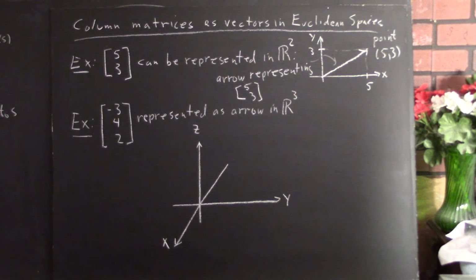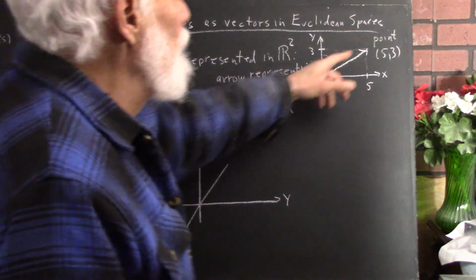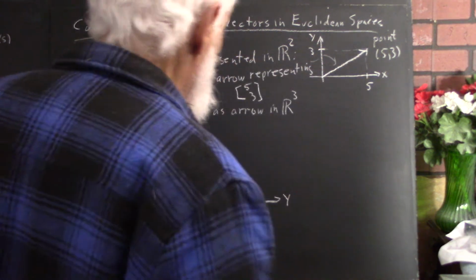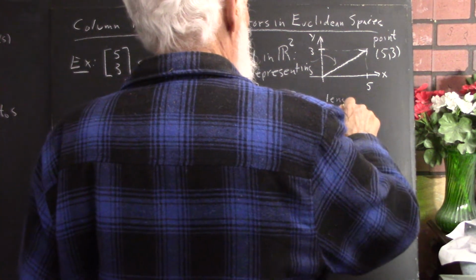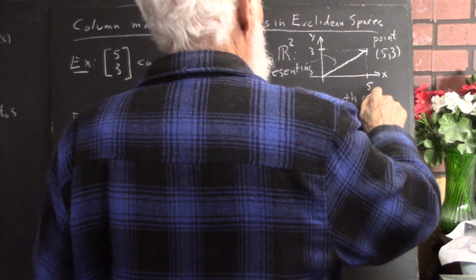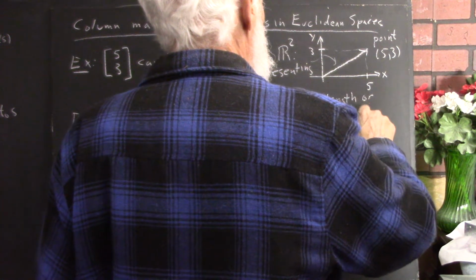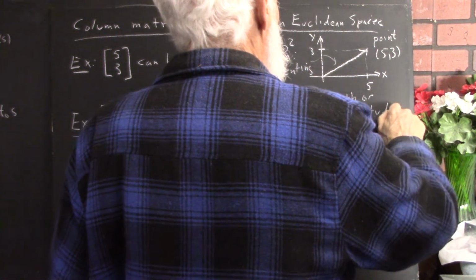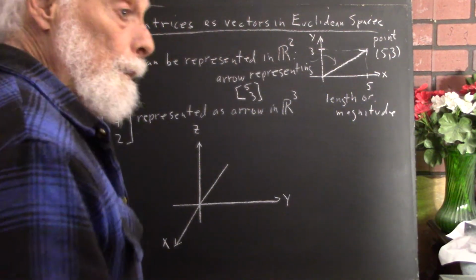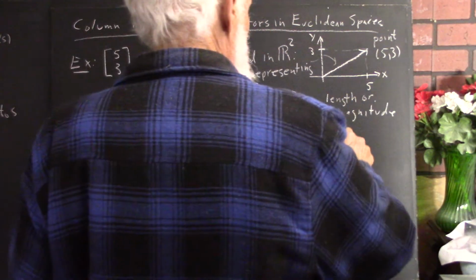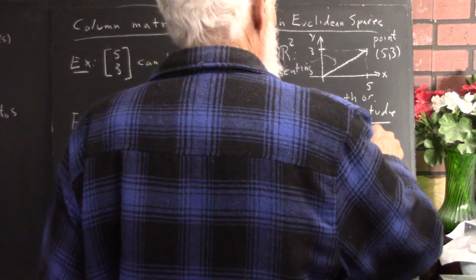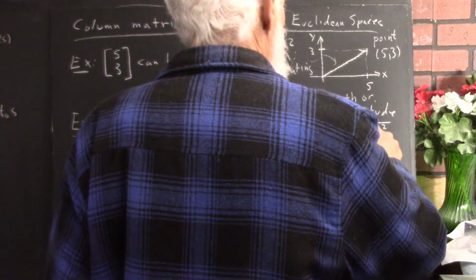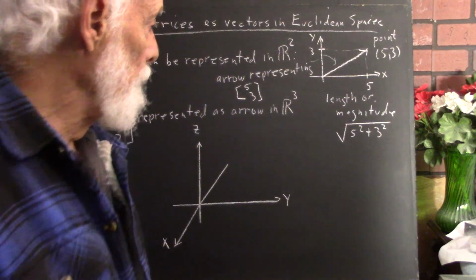I'll note that the vector has a length, which we call the magnitude, by the Pythagorean Theorem. And this is something I assume everybody's quite familiar with by now.